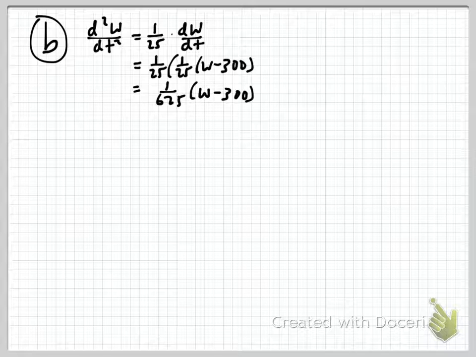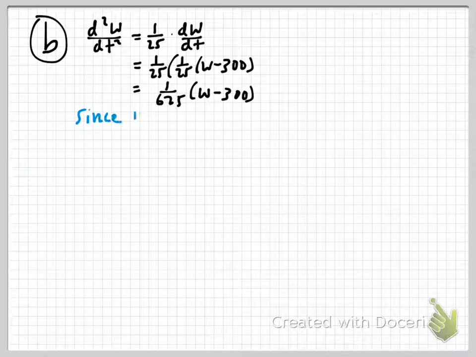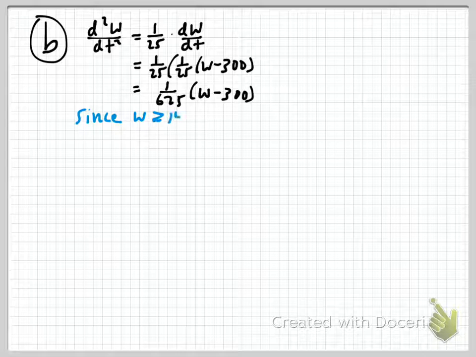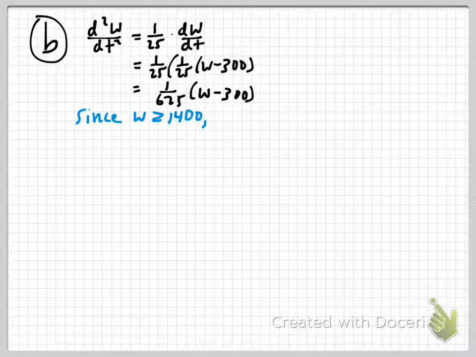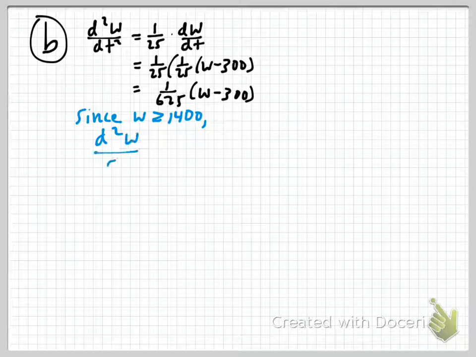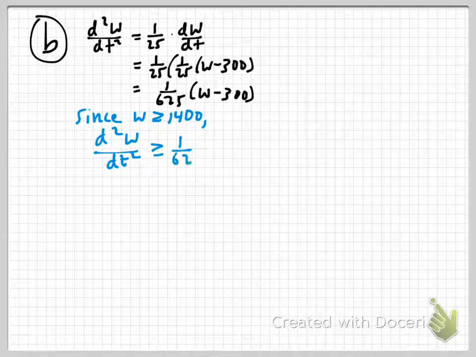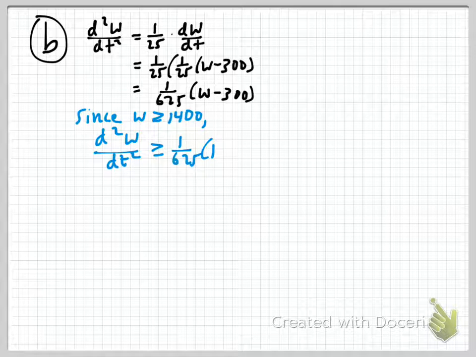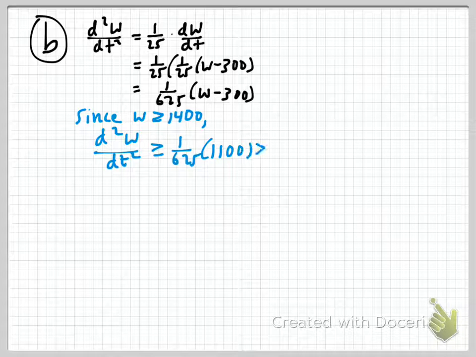Use the second derivative to determine whether your answer in part A is an underestimate or an overestimate at t equals 1/4. And so W is greater than 1,400, because it says W is increasing, so since W is greater than or equal to 1,400, then the second derivative of W is going to be greater than or equal to 1 over 625 times 1,400 minus 300, which is 1,100, which is positive.